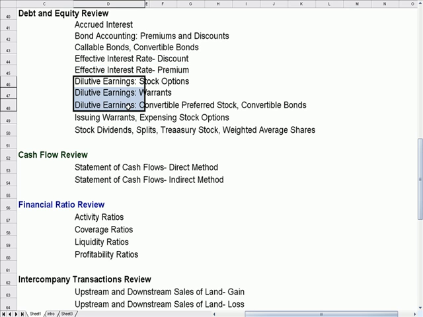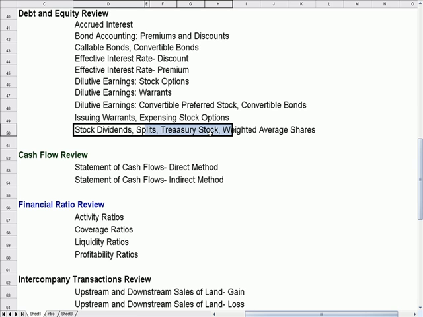Dilutive earnings for securities that adjust the number of shares outstanding, which include stock options, warrants, convertible preferred stock, convertible bonds. Issuing warrants, expensing stock options, and then stock dividend splits, treasury stock, and most of these have an impact on weighted average shares outstanding. So we're going to cover all those topics.